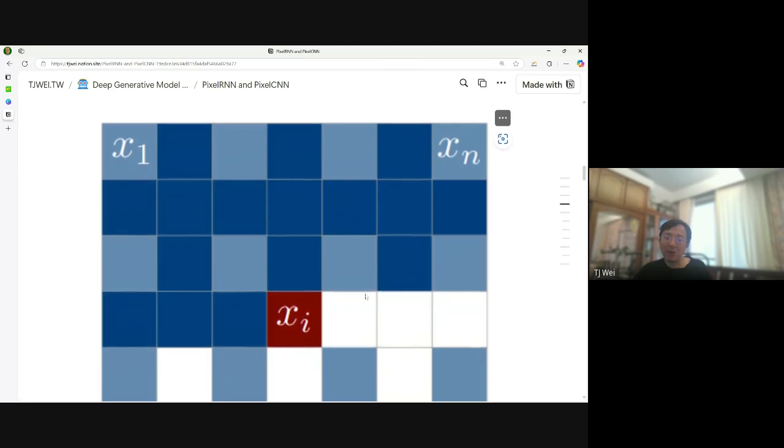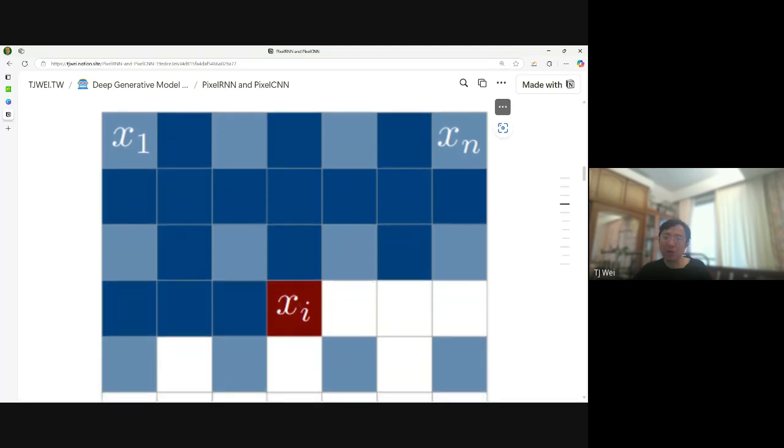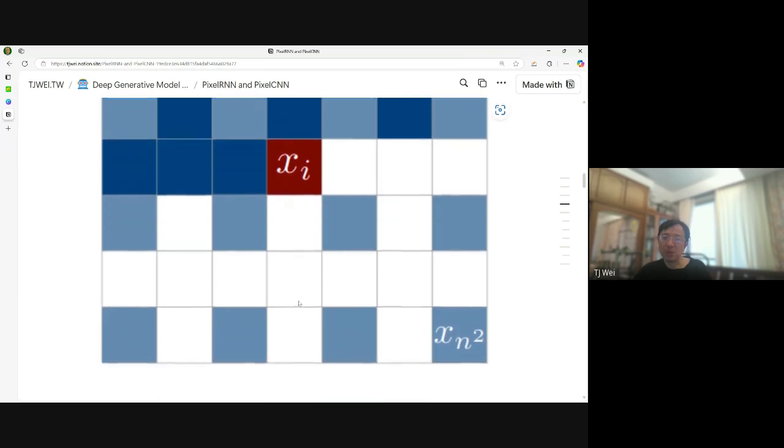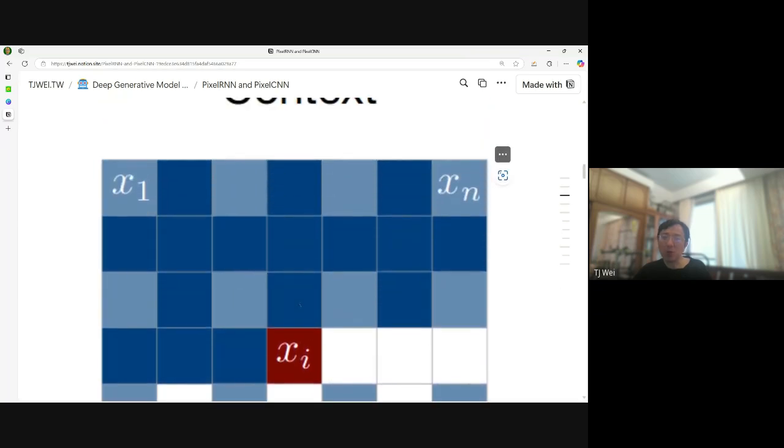So if we wish to generate this one, of course we cannot use the future things to do that, but what we want to do is to use all the things before it to generate this element, especially the things around it, the pixels in the neighborhood of this xi.